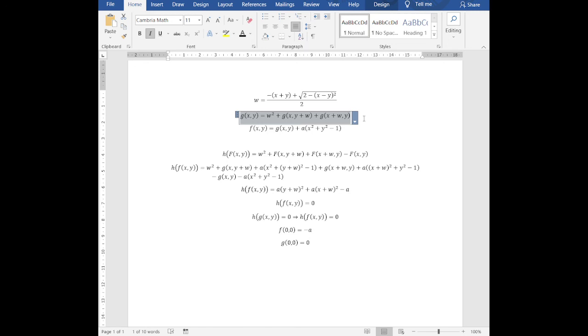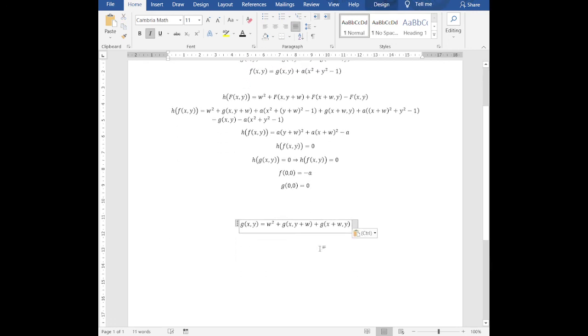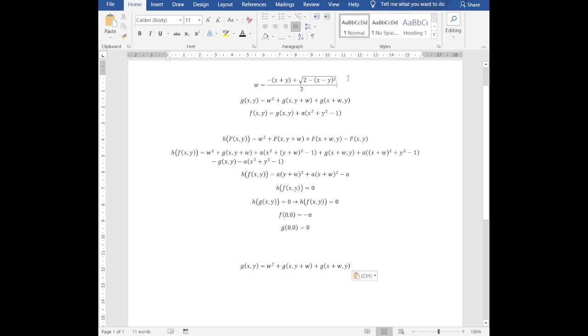What I'm thinking is solving this along the line x equals y. Because we know all of the defining equations are symmetric along that line. I mean, I can just write it down and try and solve it. So if I do x equals y, I'm going to get the following.